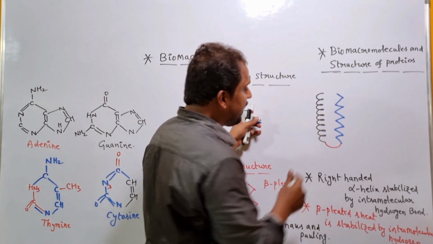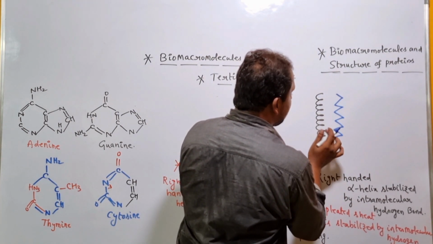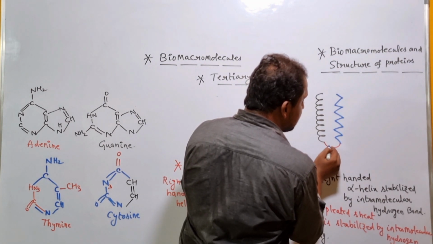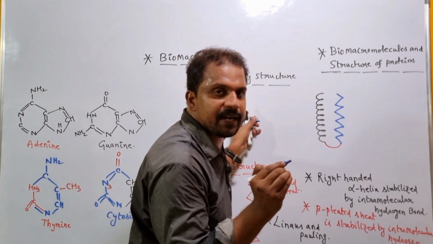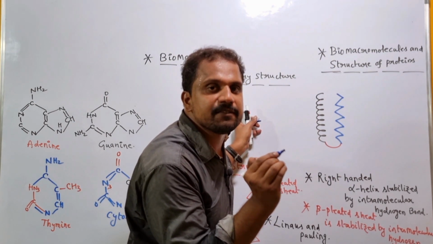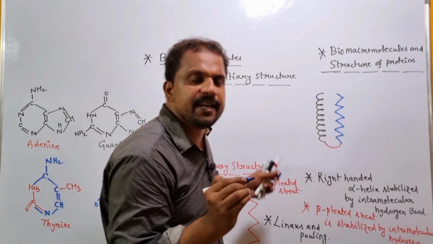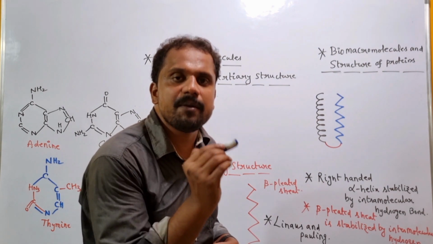Is it clear? The beta pleated sheet may remain in association with the right-handed alpha helix by taking advantage of a specialized folding, which is the beta turn. The beta turn is composed of specific amino acids like glycine and proline. Is it clear? Glycine and proline are the amino acids which are only observed in the beta turn.